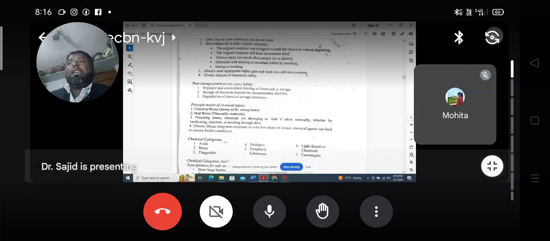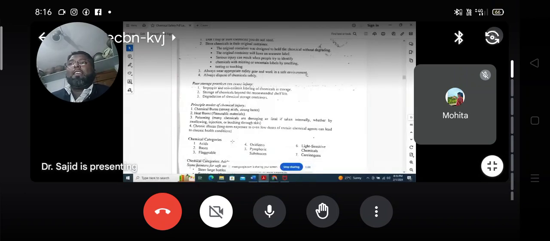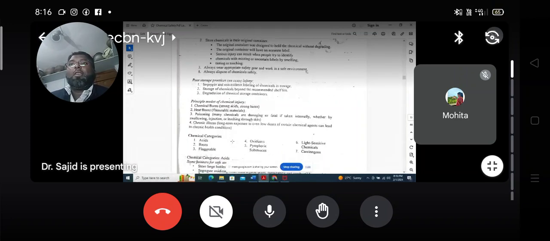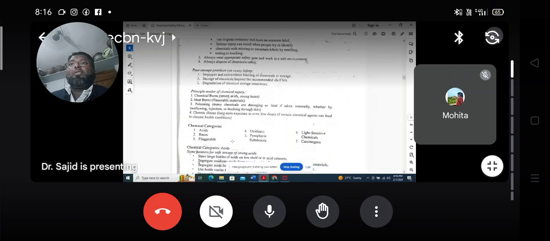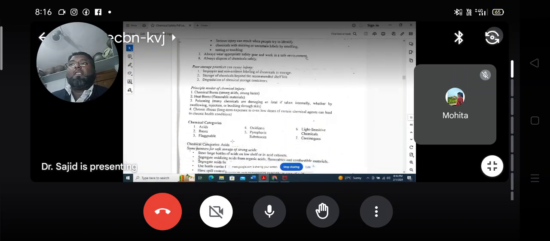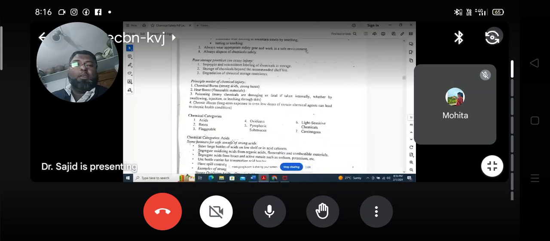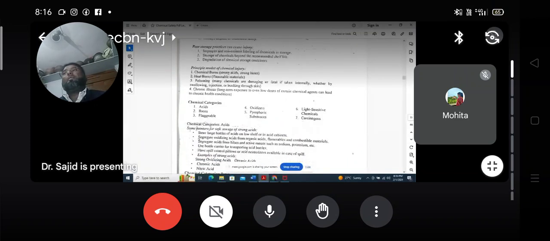Chemical categories in the lab: acids, bases, oxidizers, light-sensitive chemicals, carcinogens, pyrophoric substances, flammable materials. There are different types of these materials available in the lab.